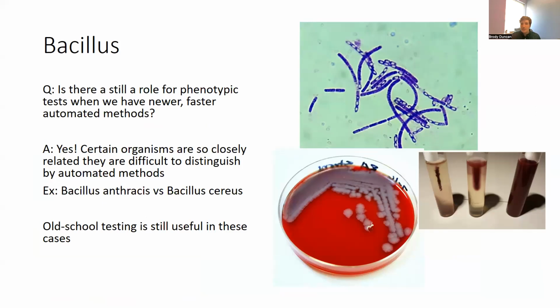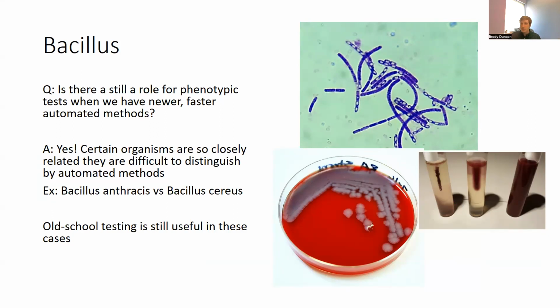Very briefly, some examples of this are that if you look at an agar plate, Bacillus anthracis typically does not do hemolysis, while run-of-the-mill Bacillus cereus usually does have a lot of beta hemolysis underneath it. So this is a picture of anthrax because you've got the colonies and no hemolysis. Similarly, if you were to inoculate these organisms into semi-solid agar, Bacillus anthracis is not motile, it doesn't swim around, so it usually just stays in one place, while Bacillus cereus does have motility, and you could see it swimming around a little bit in this agar.